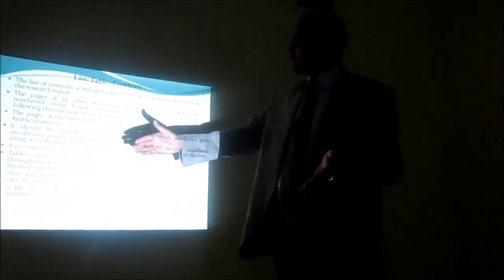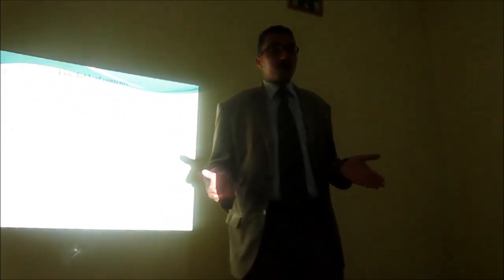It is compulsory for F4 students, for BA or for MA students to include the list of contents in their research papers. Why? Because the reader needs to have an overview of the organization of your research paper.